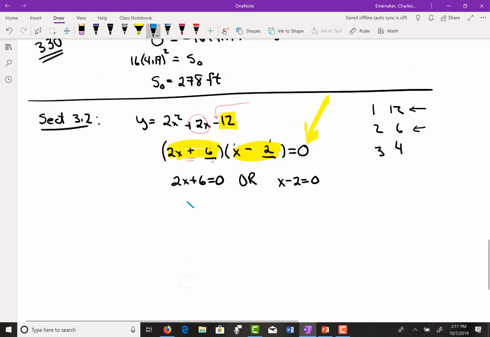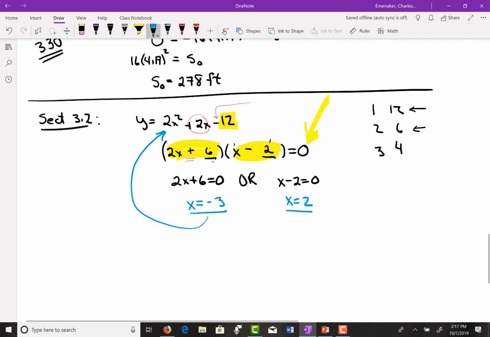This gives us then that x is equal to -3, or x is equal to 2. Does that make sense? If you plug this into that equation, what number is going to come out? 0.